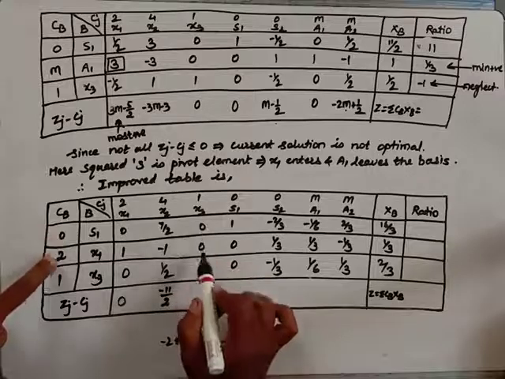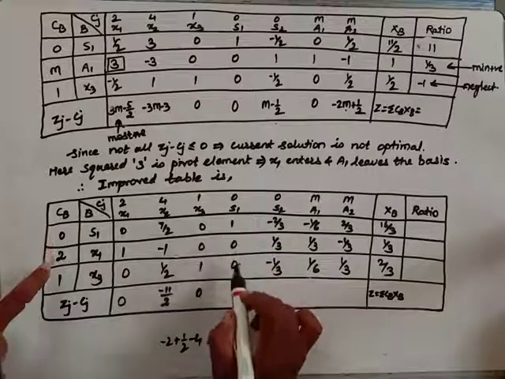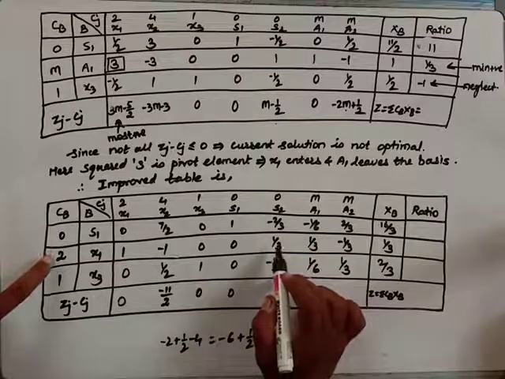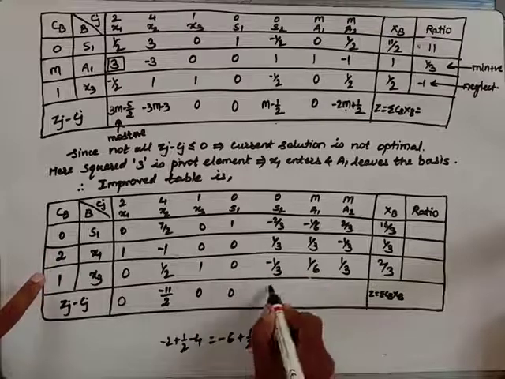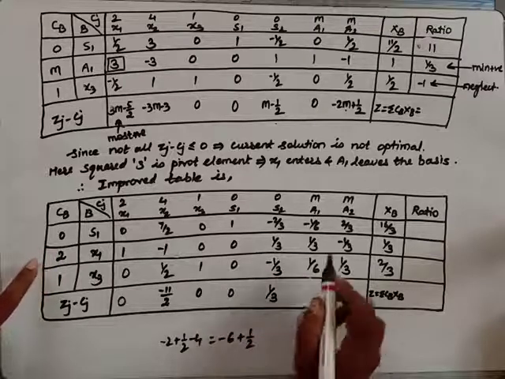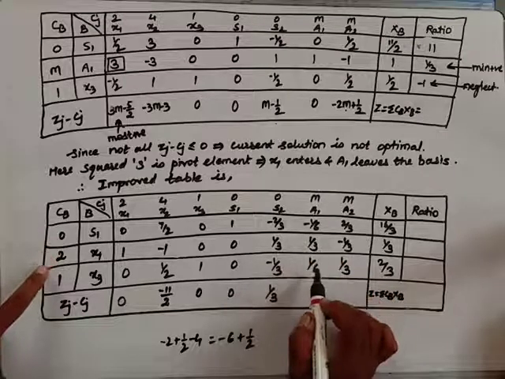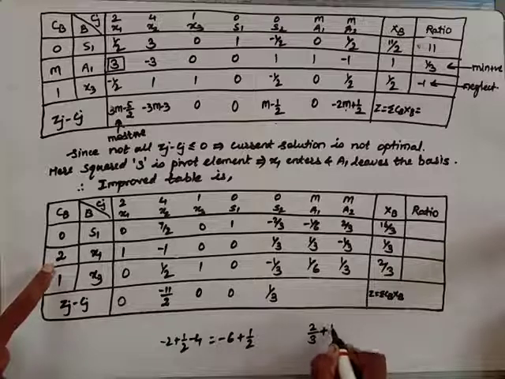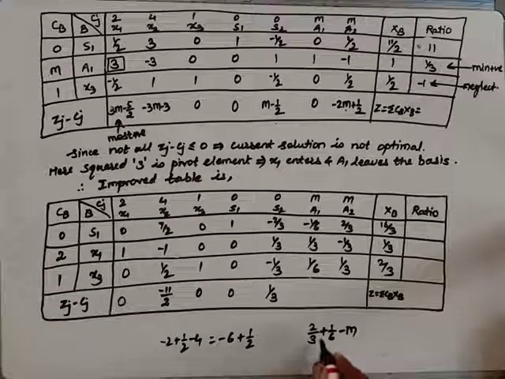Now here 0, 0, 1 minus 1. So it will be 0. This is 0, 0, 0 minus 0 is 0. Now this is 2 by 3 minus 1 by 3, which is 1 by 3. Now here 0. This is 2 by 3 plus 1 by 6 minus M. So 2 by 3 plus 1 by 6.